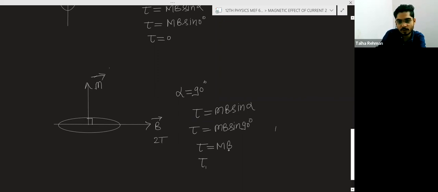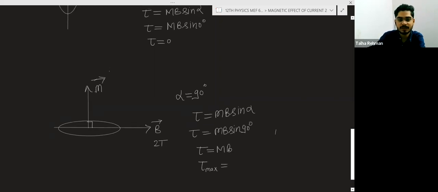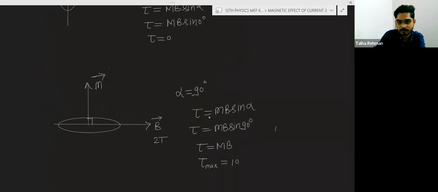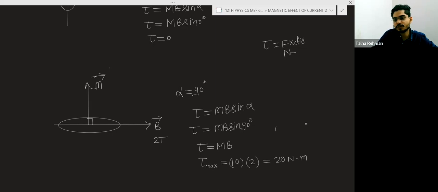So maximum torque is given by magnetic moment, which is 10, times magnetic field, which is 2. Your maximum torque will be 20 Newton meter. Newton meter is a unit of the torque, because torque is equal to force into distance. So unit of force is Newton and unit of distance is meter.